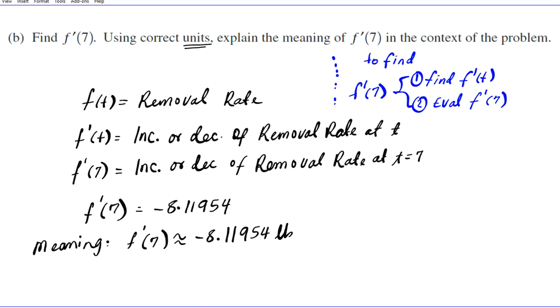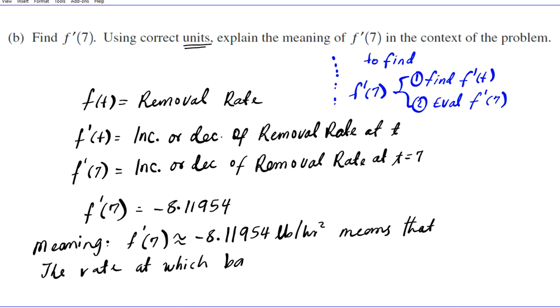Pounds per hour squared, means that the rate at which bananas, just put in the context of this problem, the rate at which bananas are removed from where? From display, right? The rate at which bananas are removed from display at a specific time, what's the time?